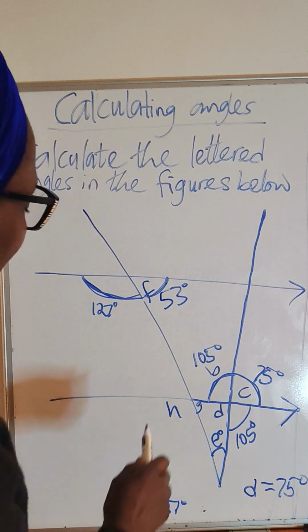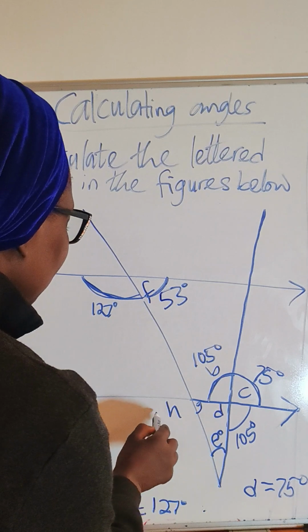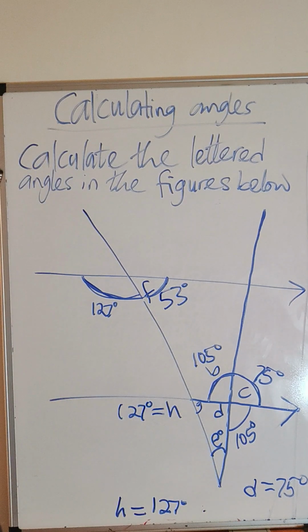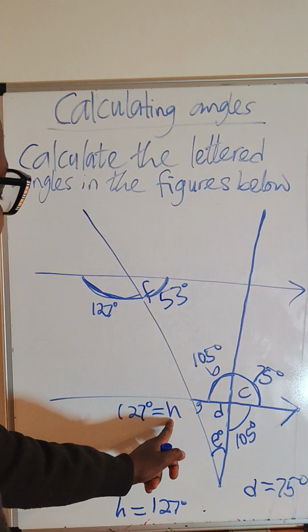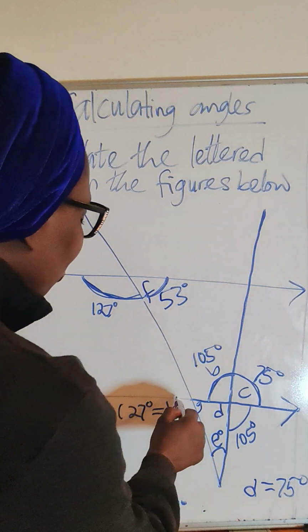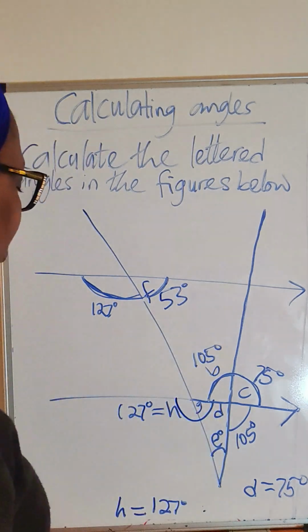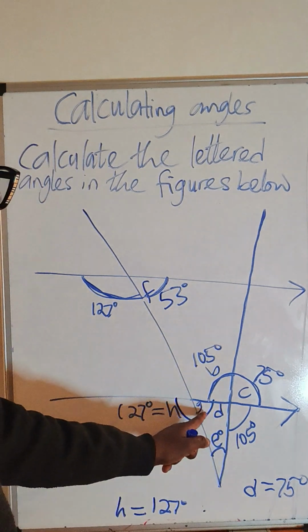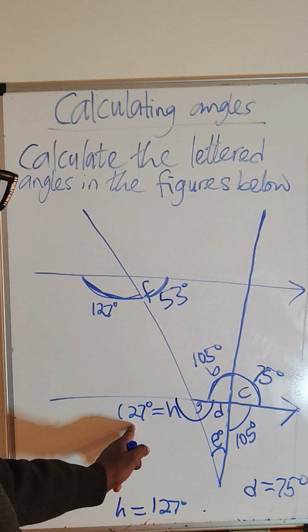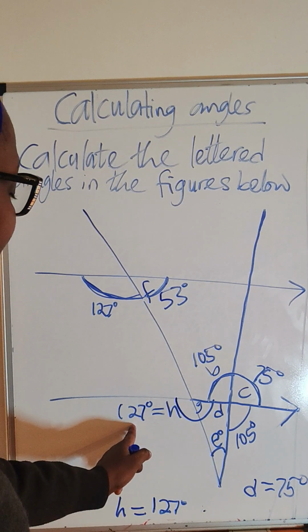Can we check it out now? Angle H is 127 degrees. So if angle H is 127 degrees, and this is a straight line angle, angle G also will be 180 subtract 127, and we get 53 degrees.